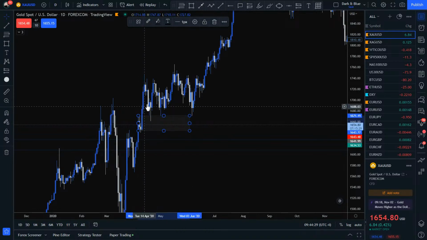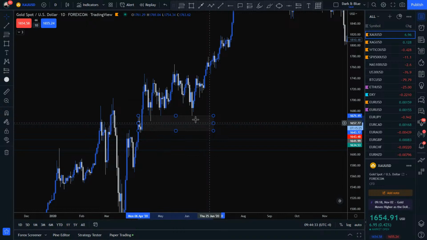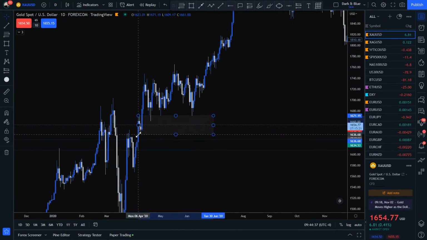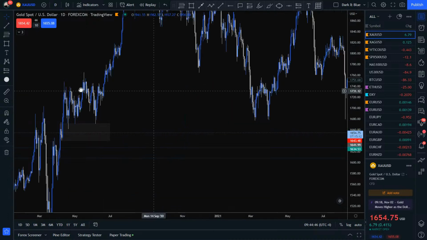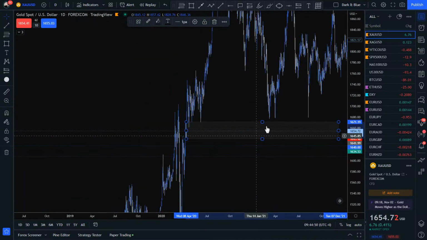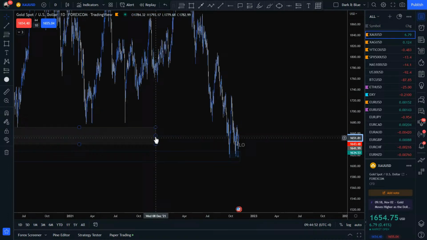But you see how price held once it was tapped. Held 3 times on 3 mitigations. Can price handle a fourth one and reject price like it did the last time? I think it's pretty weak at this point, honestly speaking.